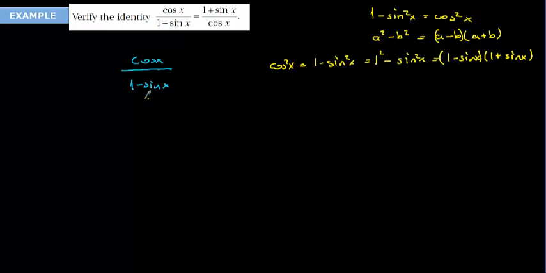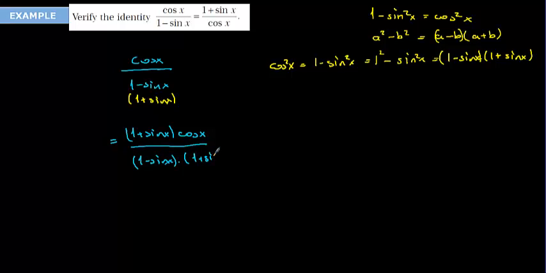What do I have? I have 1 minus sine x. With what am I going to multiply? With 1 plus sine x. And I'm going to multiply this one with 1 plus sine x. Then this expression is going to be equal to 1 plus sine x times cosine x over 1 minus sine x times 1 plus sin x.